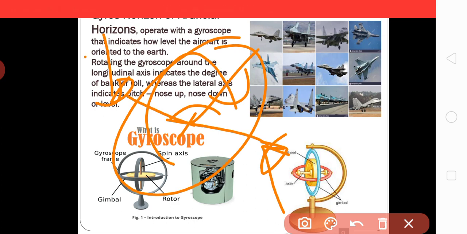You want to make this axle vertical, but it will turn like this. This is called the principle of precession. Okay. Similarly, one more important property is that it will resist with a tremendous force any change in its state or position.